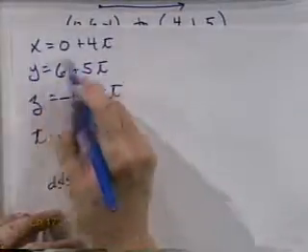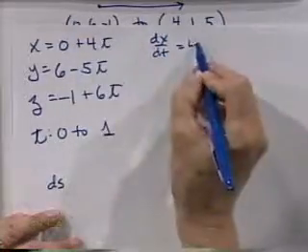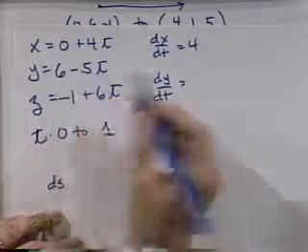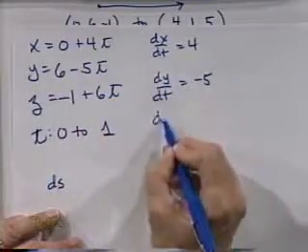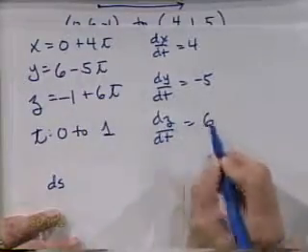Okay, lastly, before we do anything else, we've got to find out what ds is. Well, notice if x is 4t, dx dt is 4, dy dt is, if y is 6 minus 5t, negative 5, and dz dt is, derivative of that, 6.